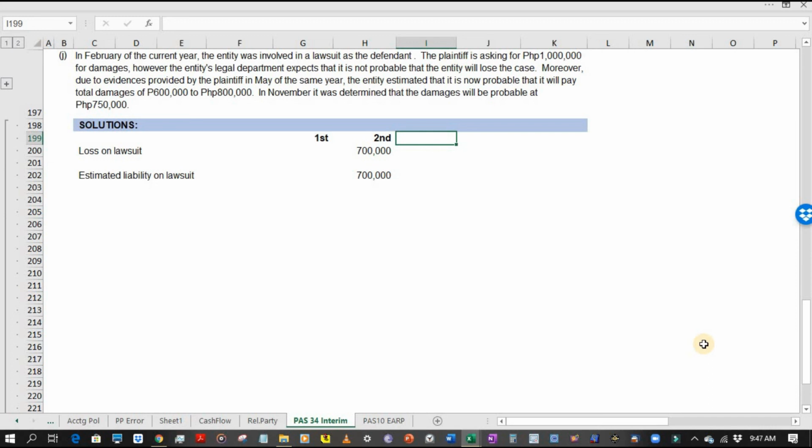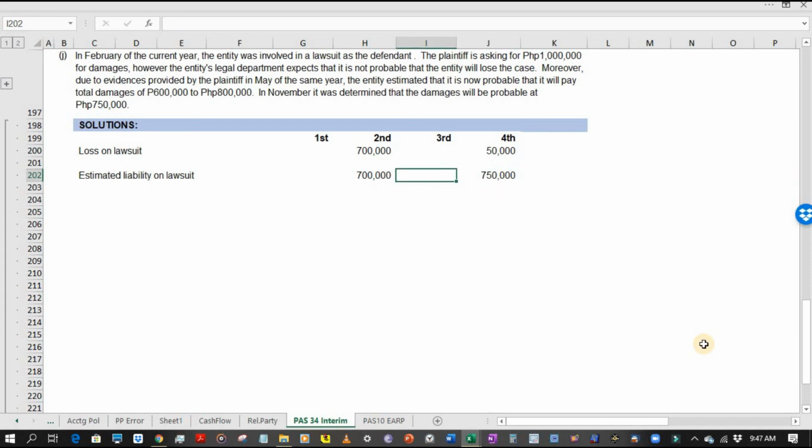And so we have already recorded 700,000 pesos. To make it 750, we need an adjustment of additional 50,000 pesos to be recognized as an additional loss on lawsuit, and that will be in the fourth quarter. So that will be 50,000 pesos. And the estimated liability on lawsuit that will appear as of the end of the fourth quarter should be already at 750,000 pesos.